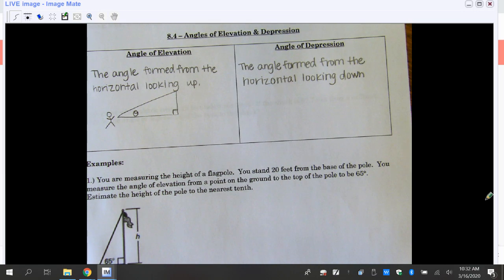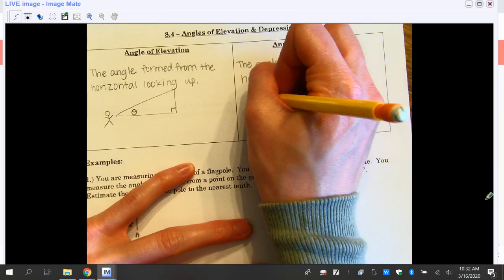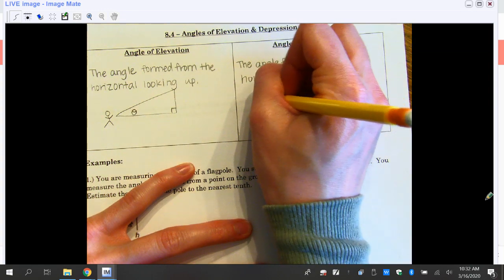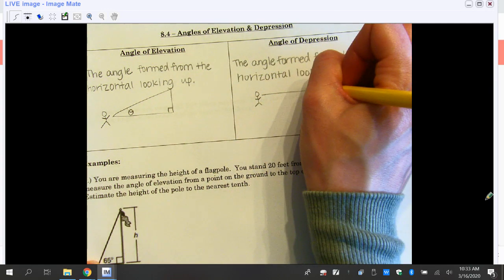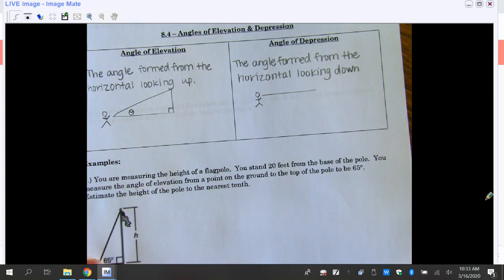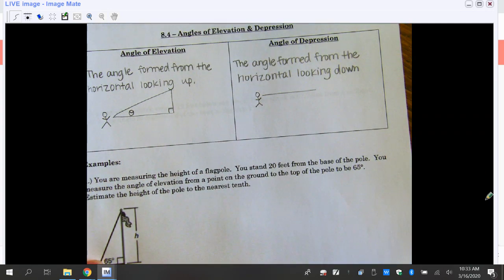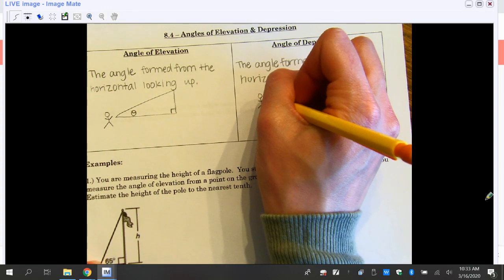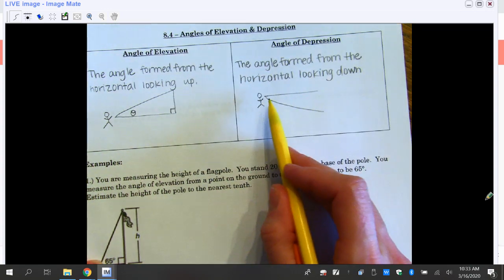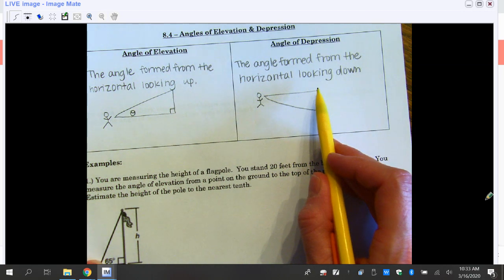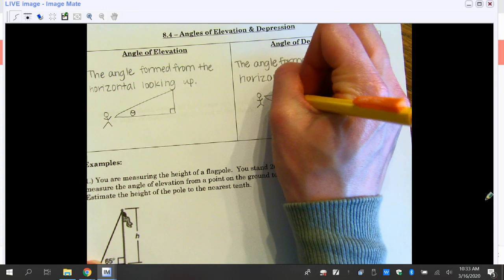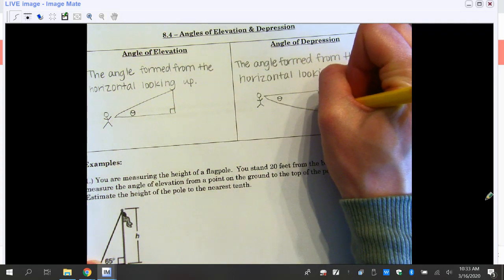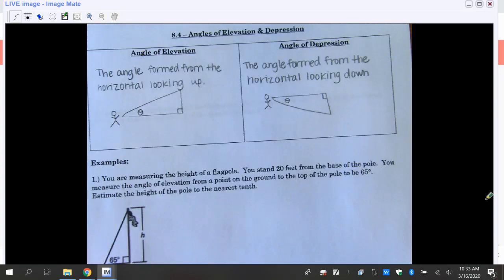So you're at the top of this mountain, and you're standing at the top. You're so proud of yourself for getting up there, right? And you're looking straight out at the horizon, but then you see a mountain lion down below. So the angle of depression would be that angle formed when you look straight out and then down at the mountain lion. So it's almost like you have to turn your right triangle upside down to get the correct angle of depression.